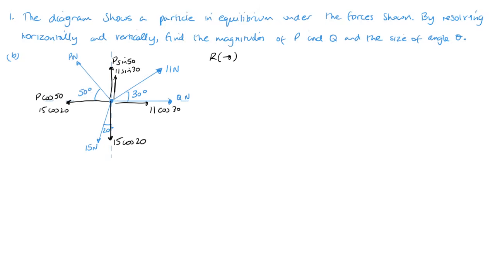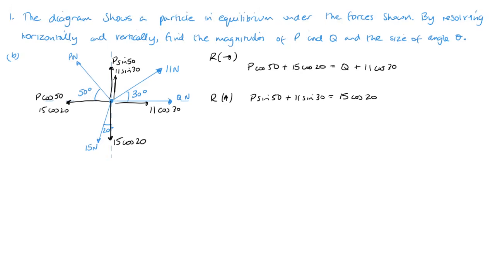Let's look at the equations now. So going left we have P cos 50 plus 15 cos 20, and going right we have Q plus 11 cos 30. And then when we resolve vertically, going up we've got P sine 50 plus 11 sine 30, and going down we've got 15 cos 20.